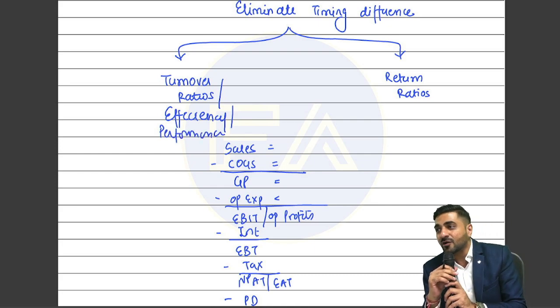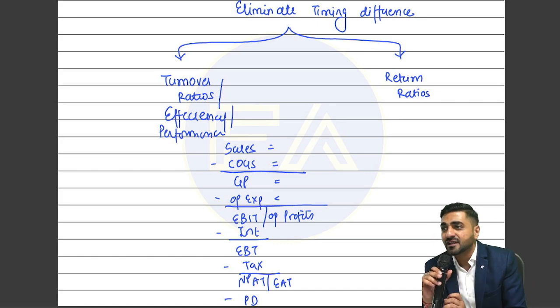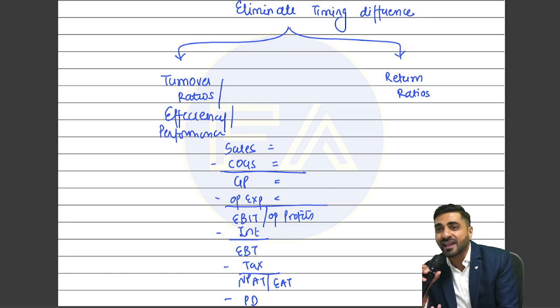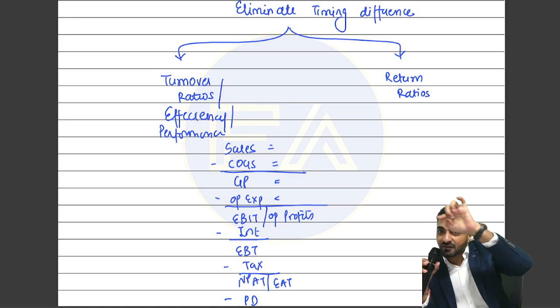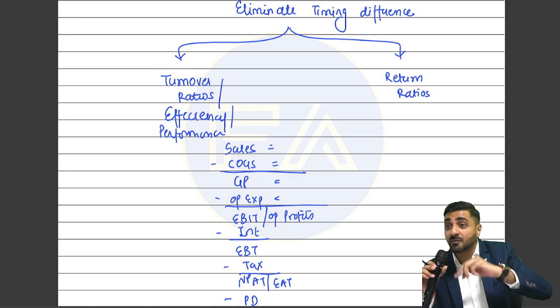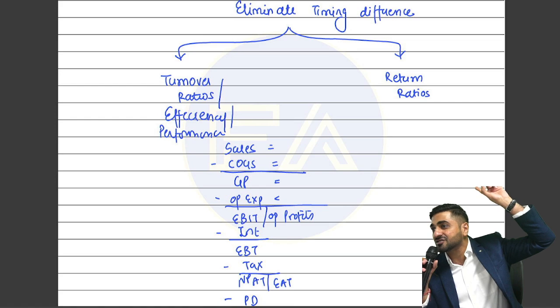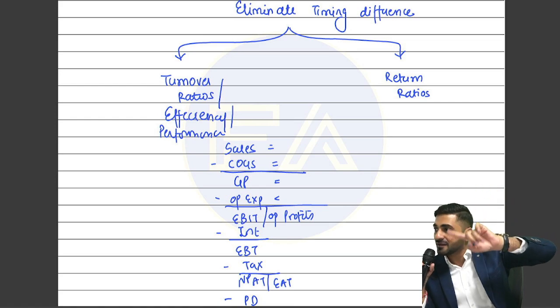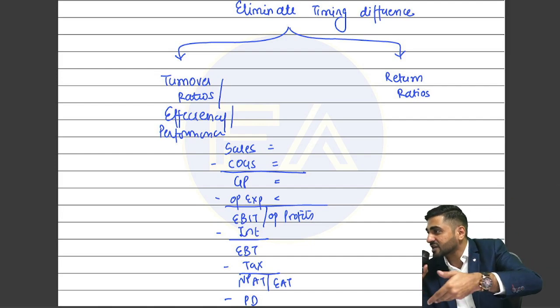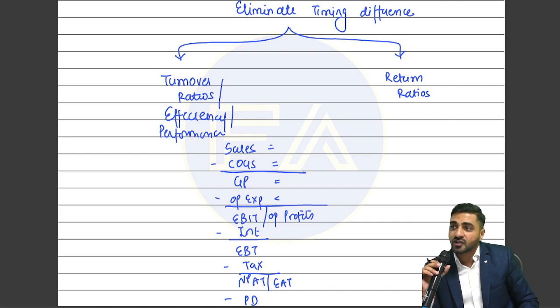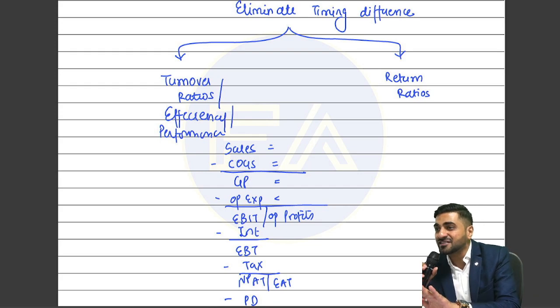So when they give you a question and tell you to calculate the performance, they have just given that, and you have to calculate the ratios. But then which list of ratios to be calculated? If they have asked about efficiency, then we have to check efficiency. And if they ask about solvency, we have to look at the balance sheet. If they ask about profitability, we can look at P&L ratios and also the return ratios, which I will teach you. Okay. So can I say turnover ratios help you understand the efficiency? Come on, yes or no?